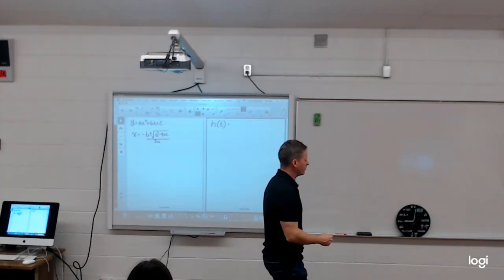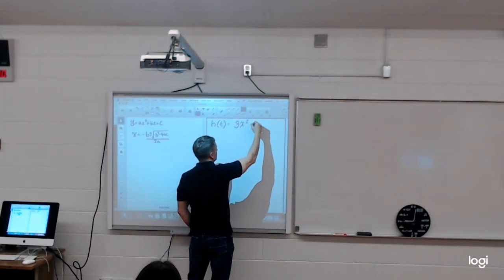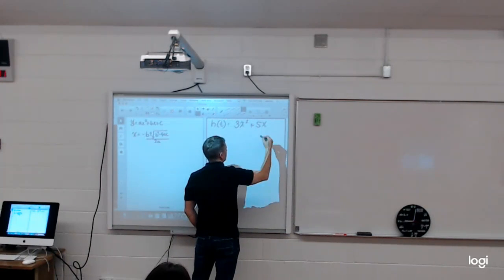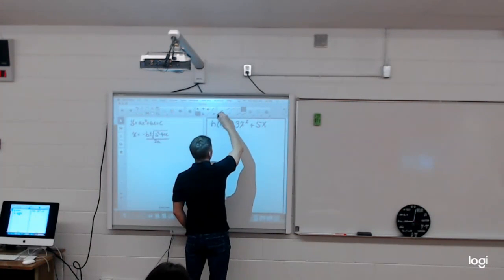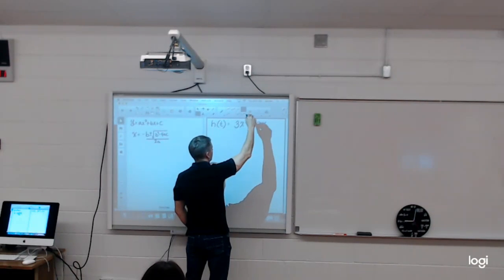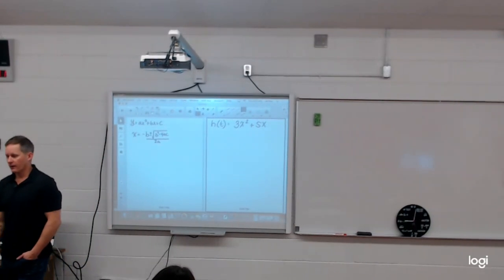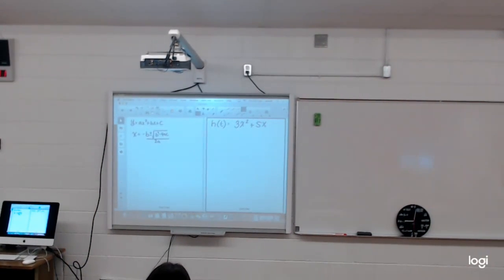I'm going to change the equation here. 3x squared plus 5x. All right, so I have 3x squared plus 5x. Can I factor it? No, so I can't find my intercepts that way.